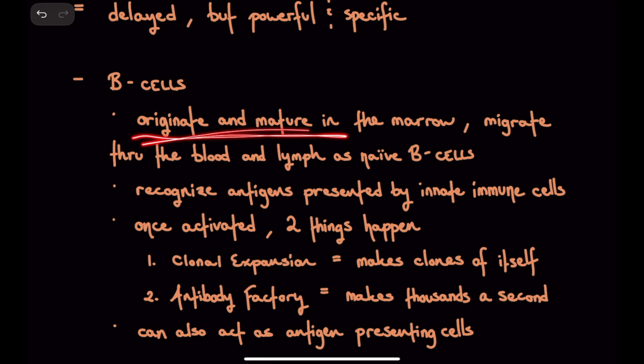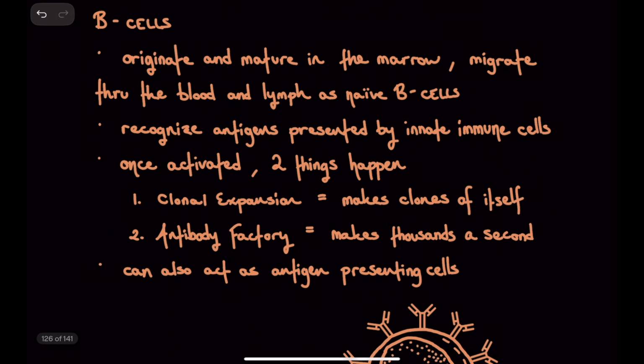They originate and mature in the marrow. All of your blood cells originate in the bone marrow, but your B cells mature here, and they're going to migrate through the blood and lymph as naive B cells. So they're mature, but they're naive because they haven't found the exact pathogen that they're fighting.